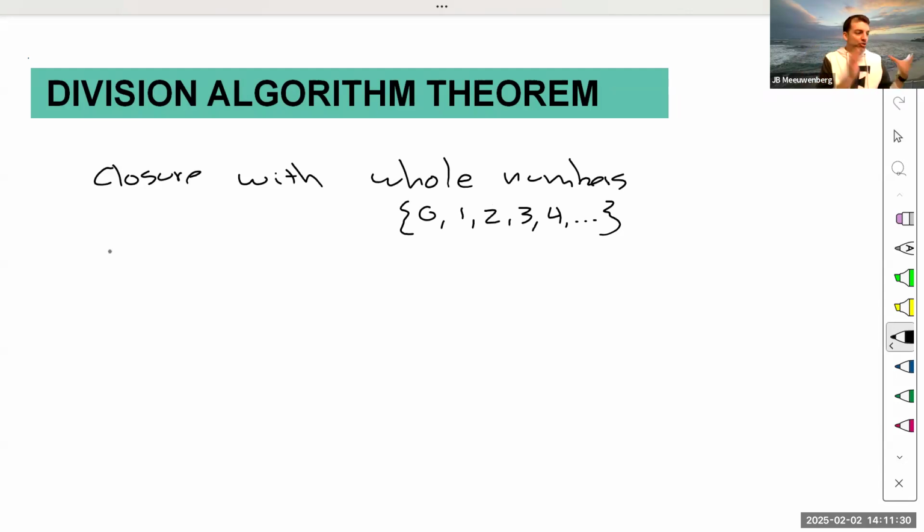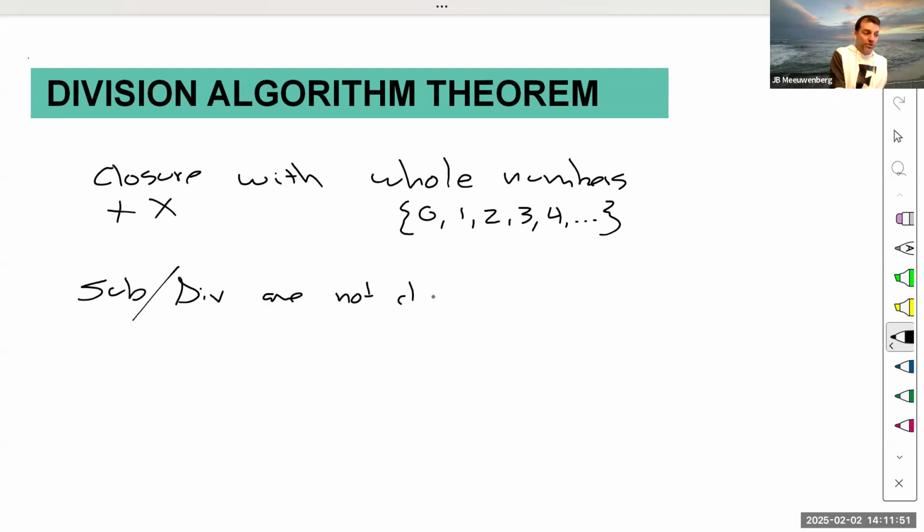So closure with whole numbers works for addition and it works for multiplication, but it does not work with subtraction and division. Subtraction and division are not closed under whole numbers.